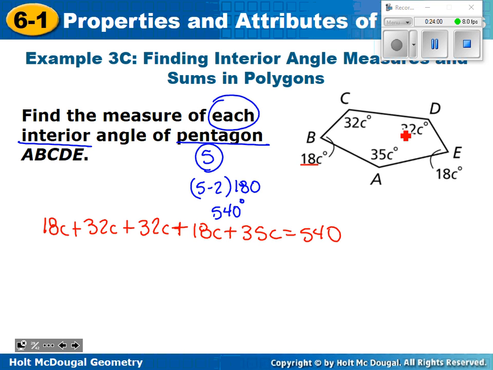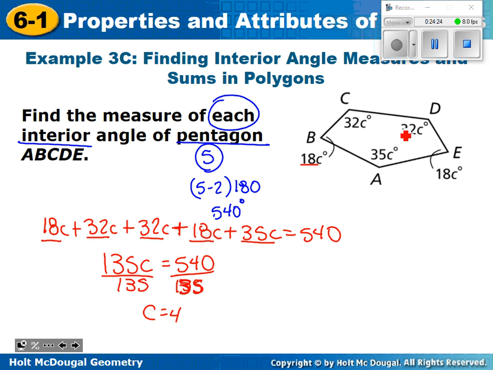Okay, now let's add those together. What's 18 plus 32? 50 plus 32? 82 plus 18? 100 plus 35? 135C equals 540. And then we're going to divide by 135.